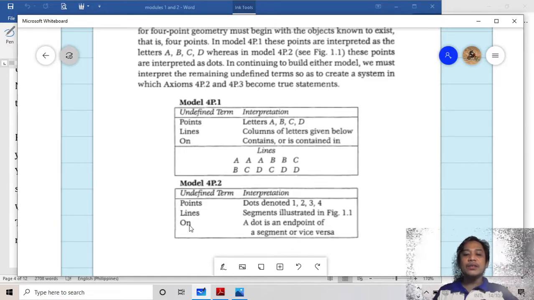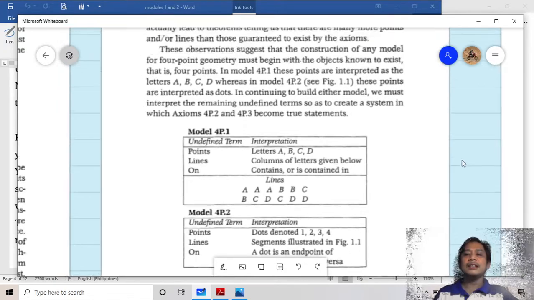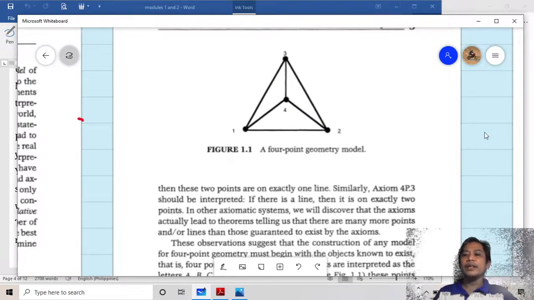And when we say a point is on a line, it means the dot is an endpoint of the segment, and vice versa. So here is the interpretation, and then the illustration of why we can say that the system is consistent. Here we have the figure.